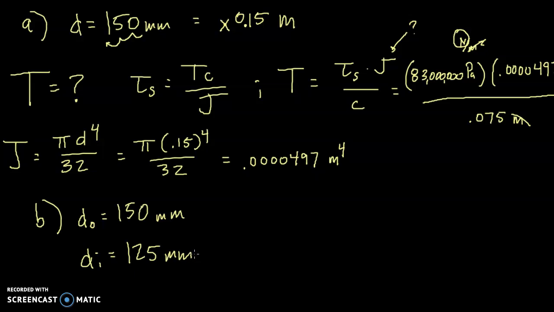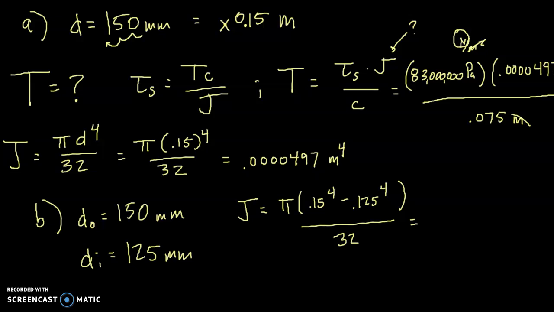How would that change it? Well, it would change our J value. Everything else would remain the same. So we'd have to recalculate a new J, and this time J would be equal to pi times the outer diameter of 0.15 meters to the fourth minus the inner diameter of 0.125 meters to the fourth, divided by 32.